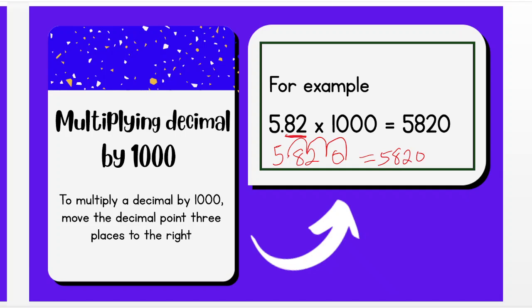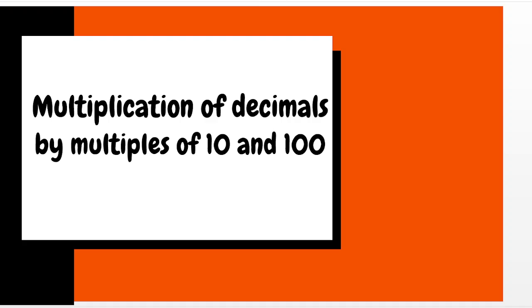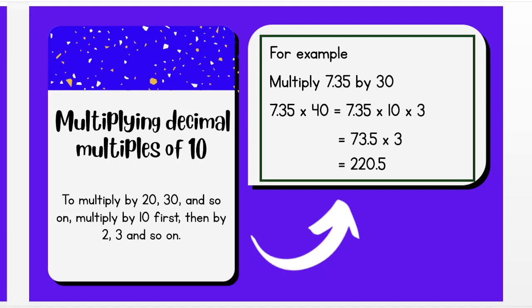Okay, so the next is now to look at multiplying decimals by multiples of 10 and multiples of 100. So we're looking at two things now, multiples of 10 and multiples of 100. So how do we do that? It's so easy as well. Multiples of 10, we've discussed that in our last video.